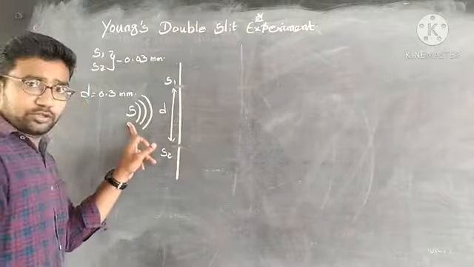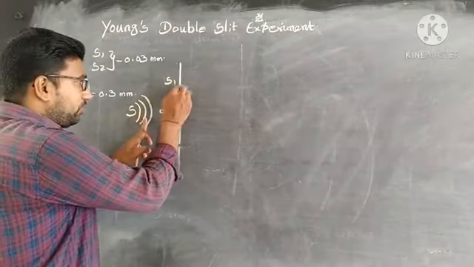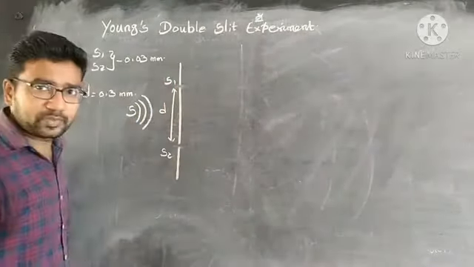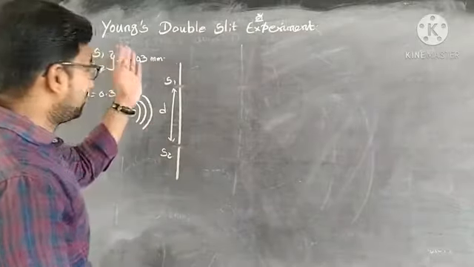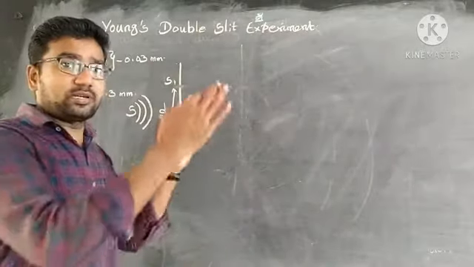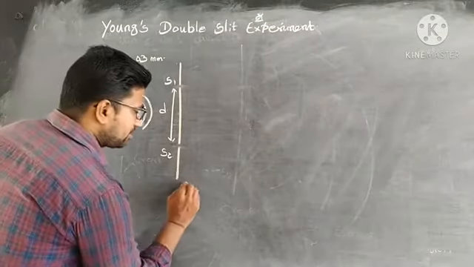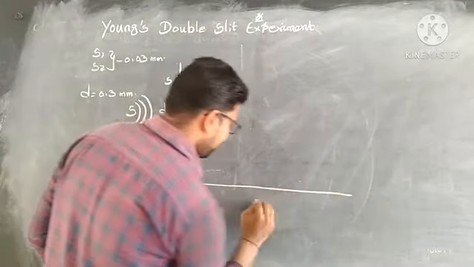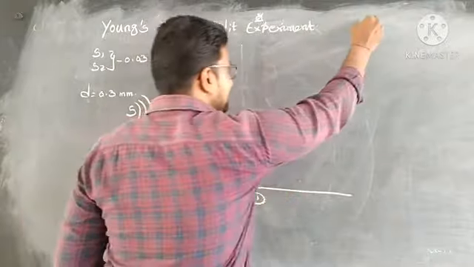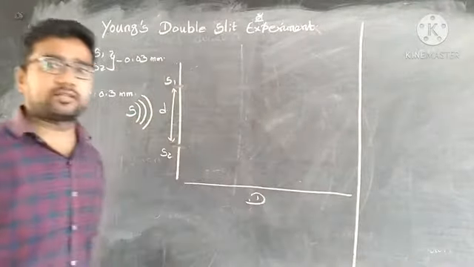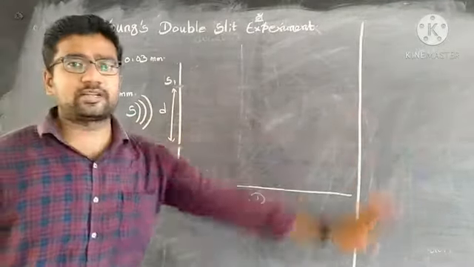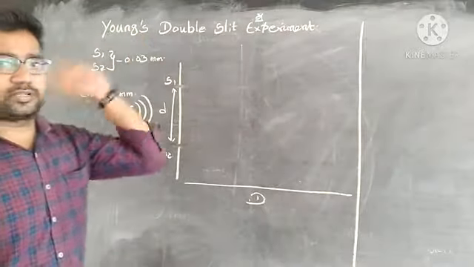The single source produces the wavefront through the slits. Beyond the slits, the scientist placed one screen at a distance of capital D. That's it. This is the experimental setup of Young's double slit.